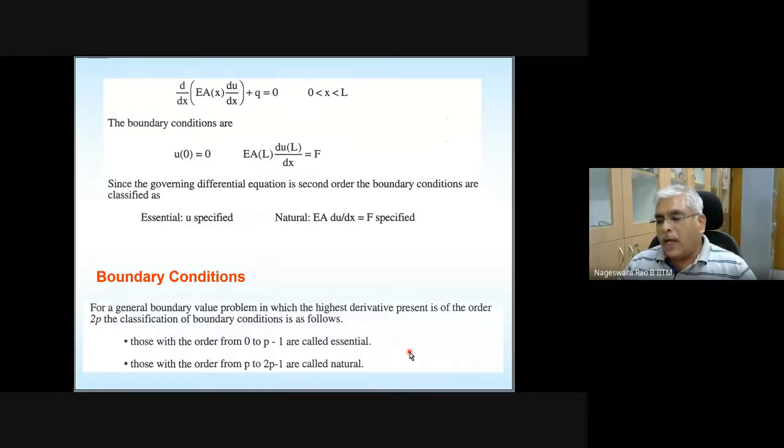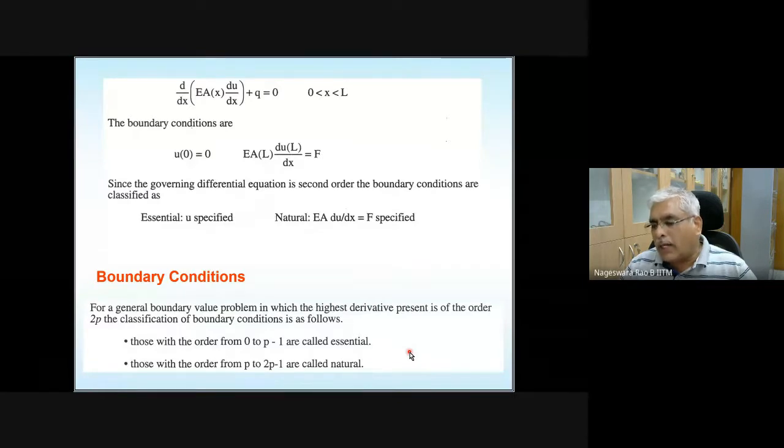So now you recall what are the boundary conditions? 0th order boundary condition, first order boundary condition for a beam problem. 0th order boundary conditions are nothing but your displacement, transverse displacement. First order boundary conditions are your rotations. So when you want to describe a beam, you need to specify the boundary conditions.